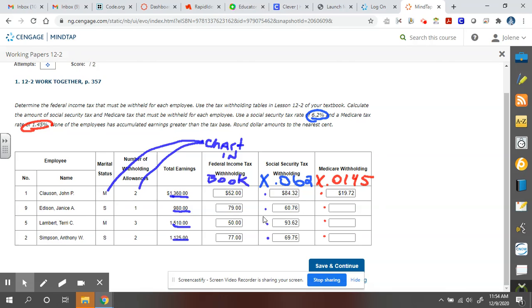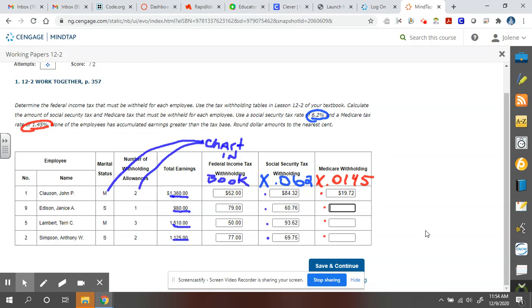If I'm John, because I've made $1,360, $84.32 comes out of my pay and goes into my Social Security account. But my employer has to match that. $19.72 is also taken out of my total earnings. That goes into my account, but my employer matches that as well. Okay, so these two, the employer matches.